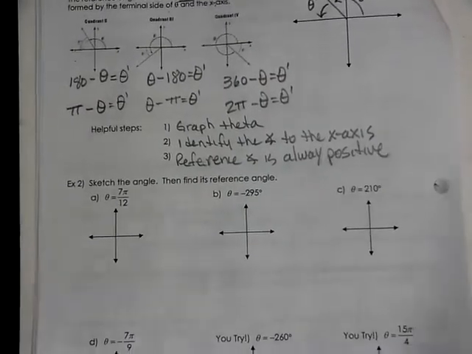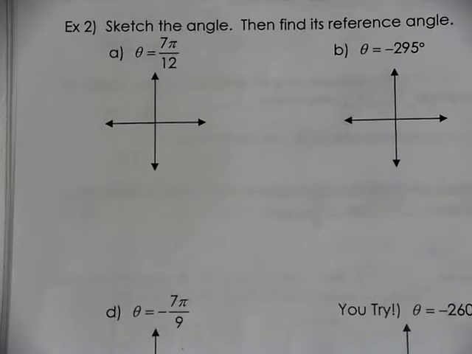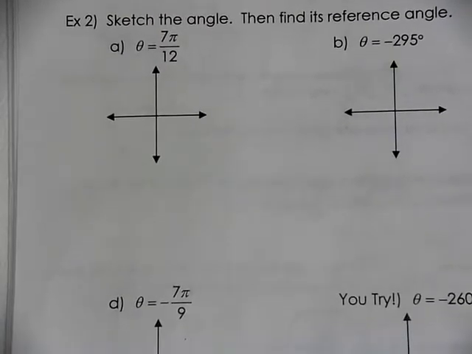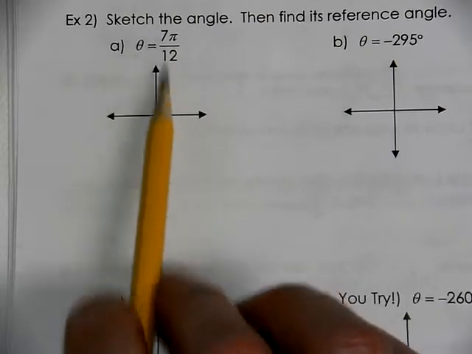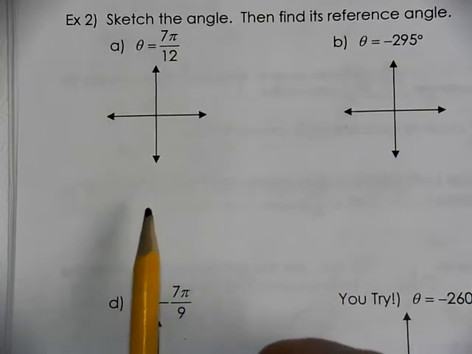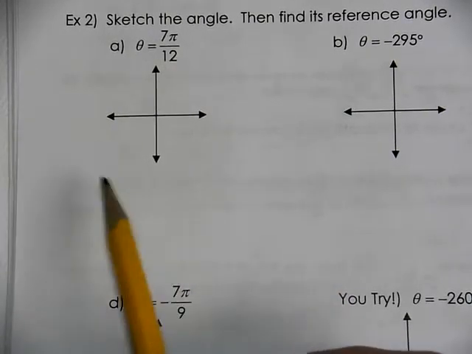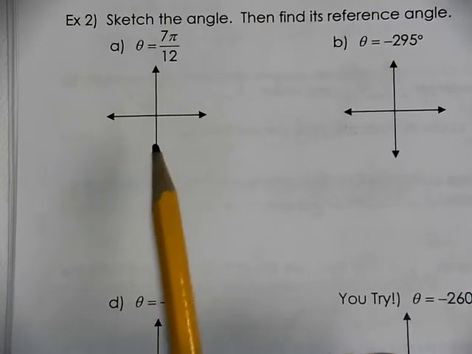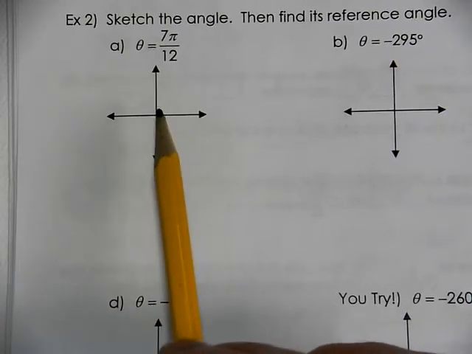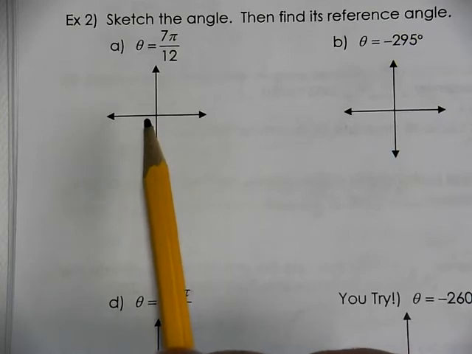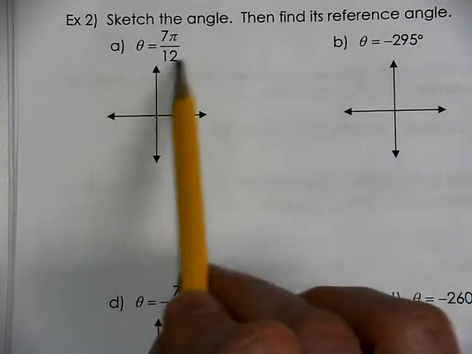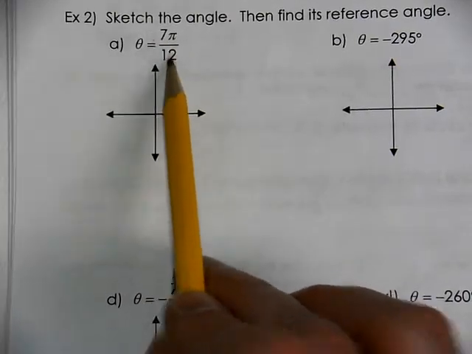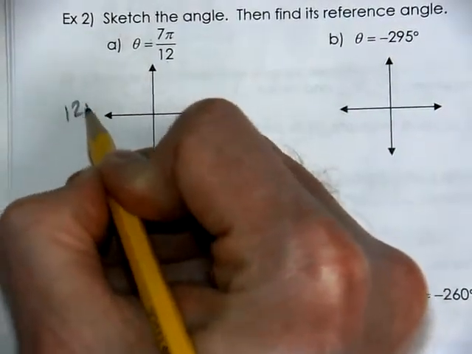So let's try this. We're going to graph out approximately where 7 pi over 12 is. We're all becoming familiar with the unit circle, and you might realize that 7 pi over 12 is not on the unit circle. So 12 over 12 would be a full pi.